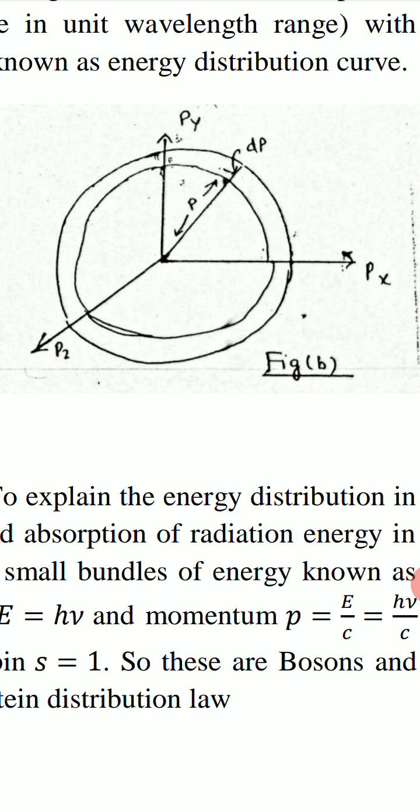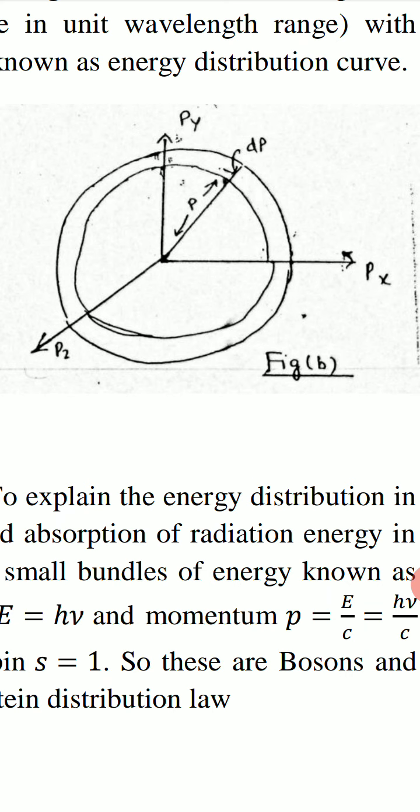So the volume of this momentum space in the momentum range p to p plus dp will be the volume of this portion between 2 spheres, and this volume is equal to 4 pi p square dp. 4 pi p square is the surface area of this sphere of radius p, and if we multiply by dp, the distance dp shown in this diagram, this will give the volume of this region.